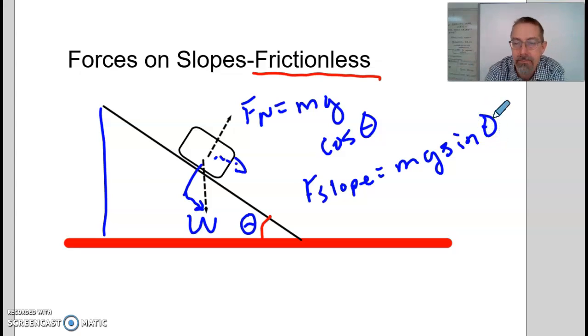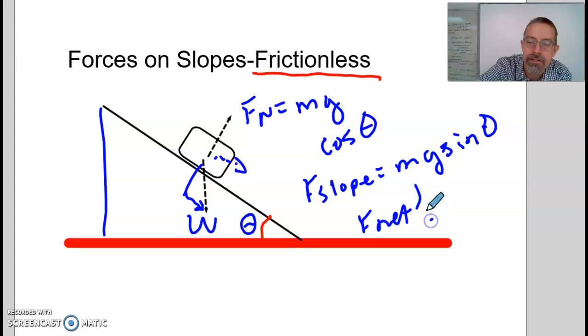Now, in the absence of friction, this force down the slope becomes my net force because I have no force opposing it. But today we're going to start introducing friction, and there are two types. One is static friction, which we've introduced, and that is what I have to overcome to get something moving. Another is the force of kinetic friction, which is the friction once something is moving.